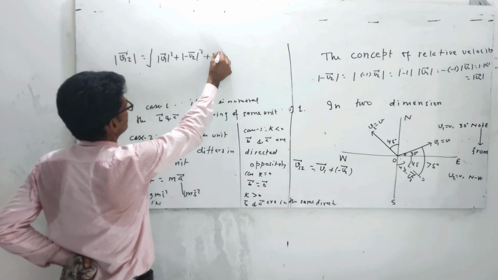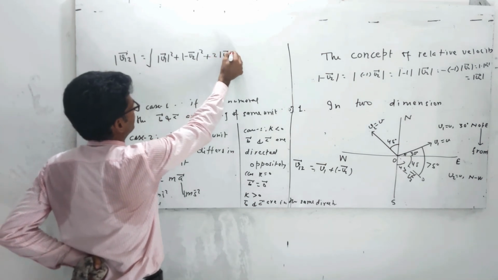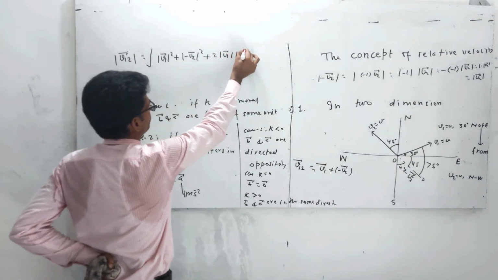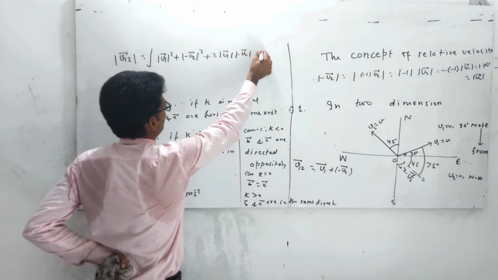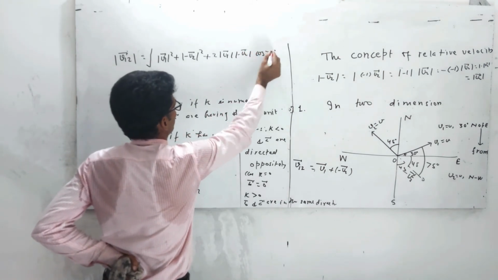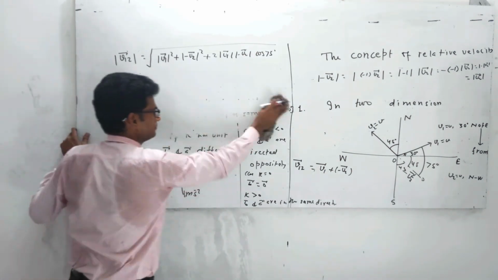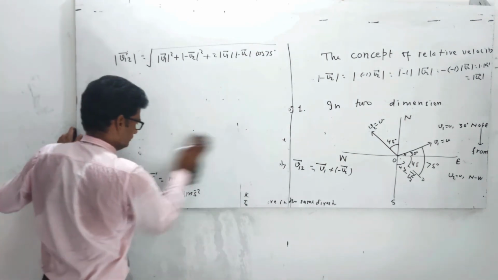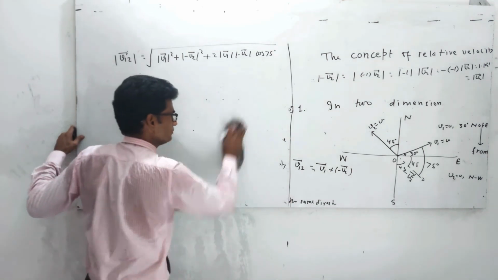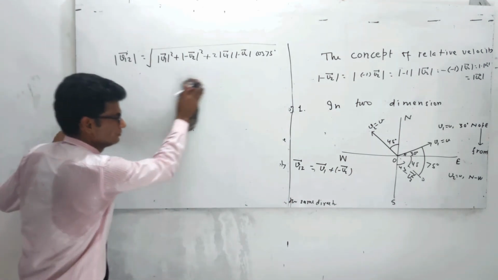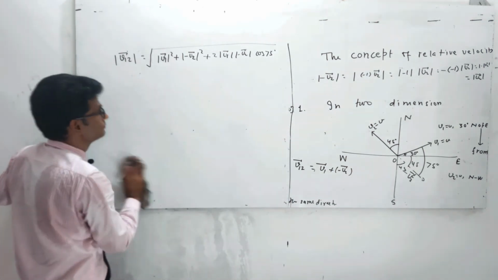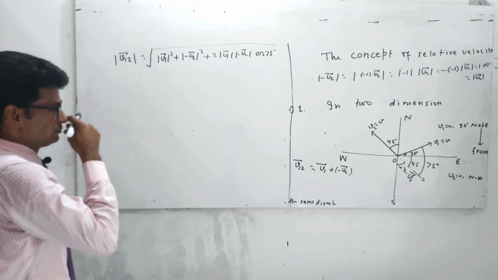So here, mod of minus v2 plus twice mod of v1 mod of minus v2, cosine of the angle between them, here 75 degrees.